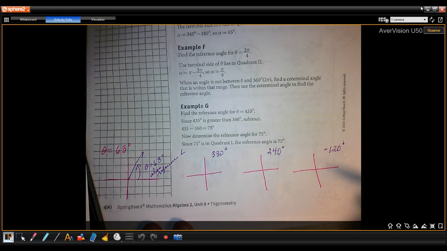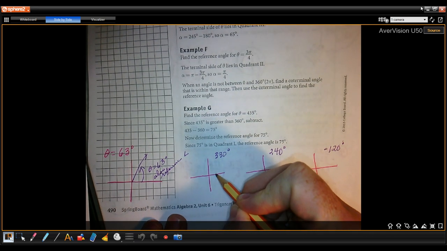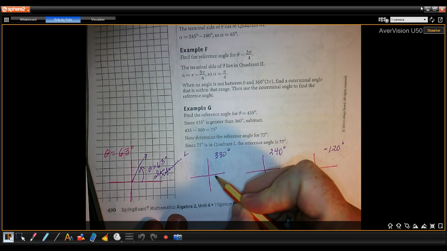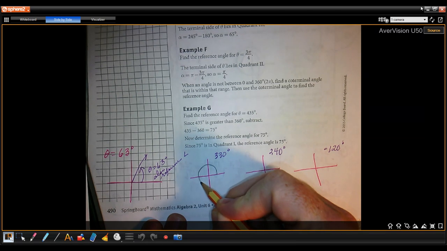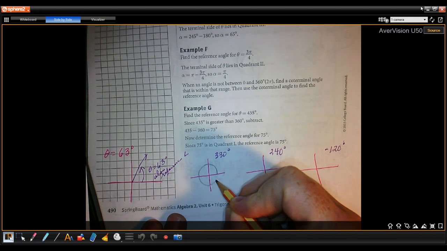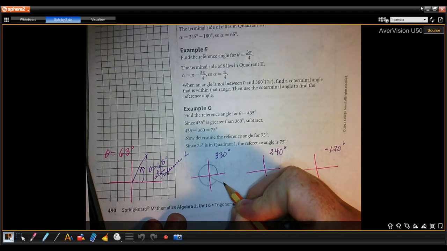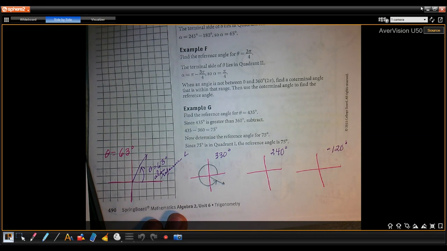Okay, so hopefully you paused and came back. So 330. Put your pencil, you always start here. It's positive, so you're going to go this direction. There's 90, 180, 270. 270 plus how much more? 60 more. So right there is a 330 degree angle. So what is the reference angle?